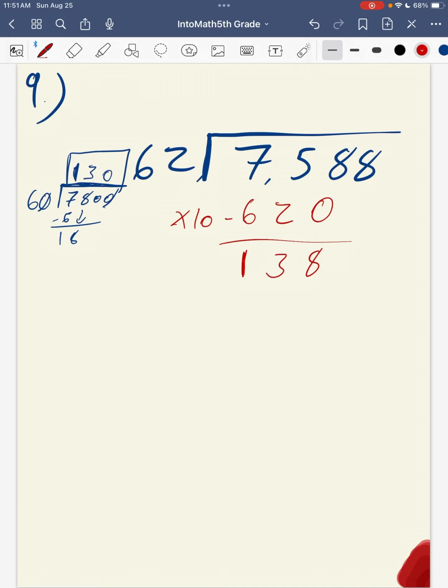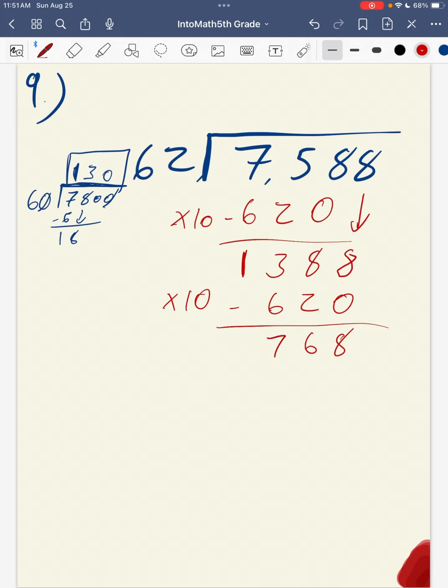I think I could get in a little bit closer. Carry down my 8 here. All right. Let's do another multiple of 10. And subtract out 620. 8 minus 0 is 8. 8 minus 2 is 6. 13 minus 6 is 7.